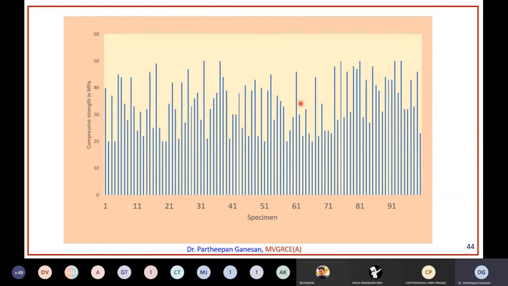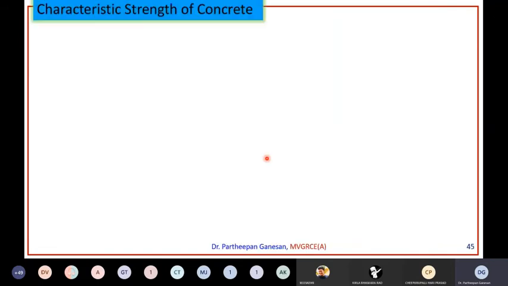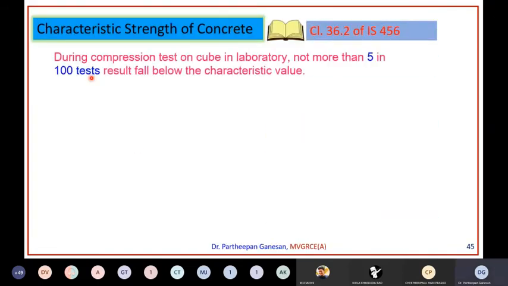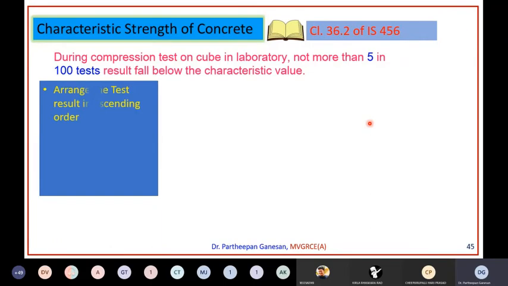Now what the code says, if you test these 100 specimens, you remove 5 specimens, the lowest values. For example, during the compression test on cubes in the laboratory, not more than 5 in 100 test results fall below the characteristic value. That means you first arrange the test results in ascending order.